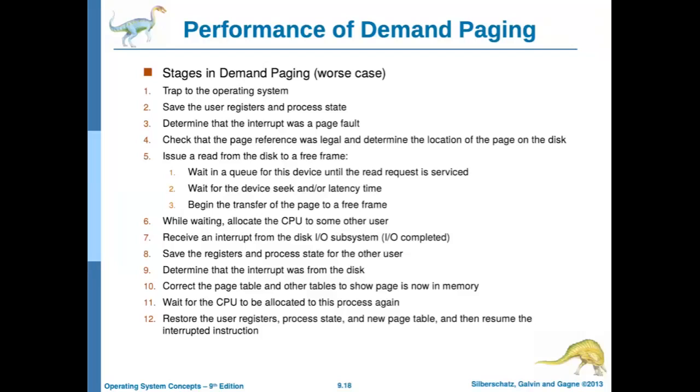Next, it has to check whether that page reference was legal and determine the location of the page on the disk. See, the first thing is legal. That means if that process has 10 pages and whatever page is referred is a part of the logical address space of that process, then and only then do we call it a legal page, right? So first of all, the OS needs to see if that access is legal.